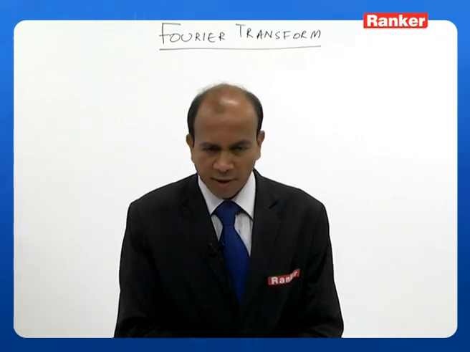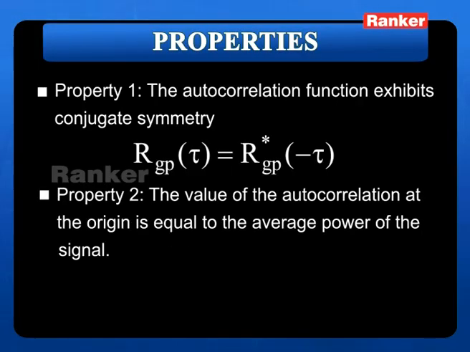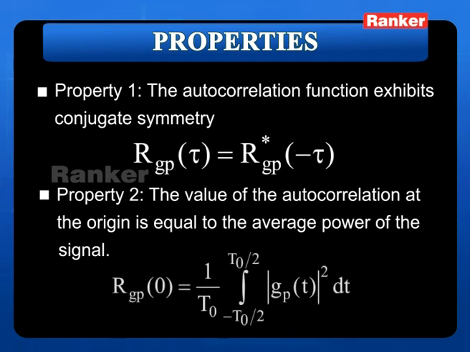Let us see the second property. What does the second property say? The value of the autocorrelation function at the origin is equal to the average power of the signal. That means Rgp of 0 will be equal to 1 by T0 times the integral from minus T0 by 2 to plus T0 by 2 of Gp of t whole square dt.